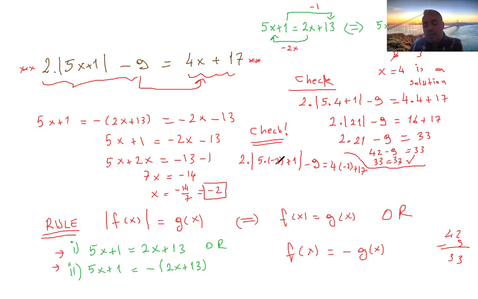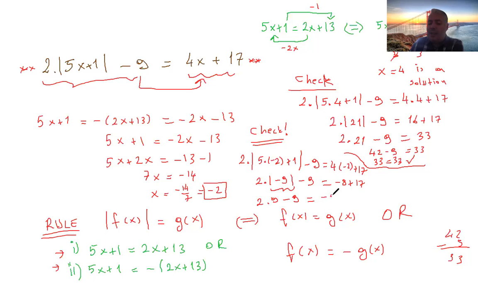So 5 times negative 2 is negative 10, negative 10 plus 1 is negative 9. 2 times the absolute value of negative 9 minus 9 equals 4 times negative 2, negative 8, plus 17.